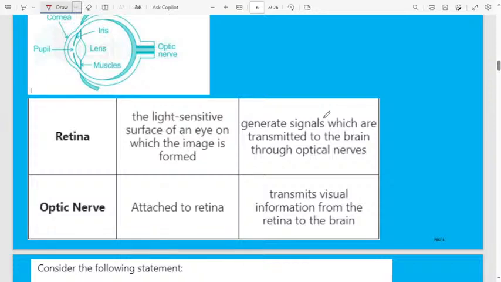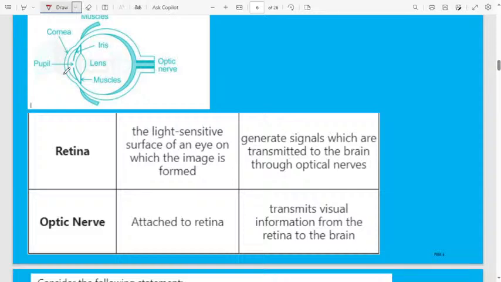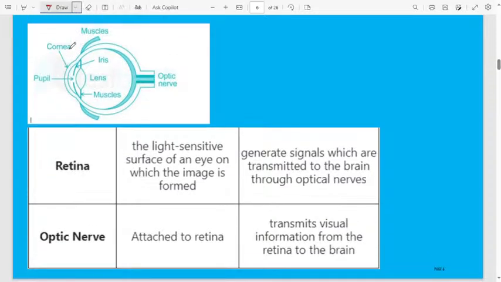Retina you can observe here, and the cornea. The retina is the light sensitive surface of an eye on which the image is formed. It is present at the back side of the eye, and whatever object you see, that object's image forms on the retina.